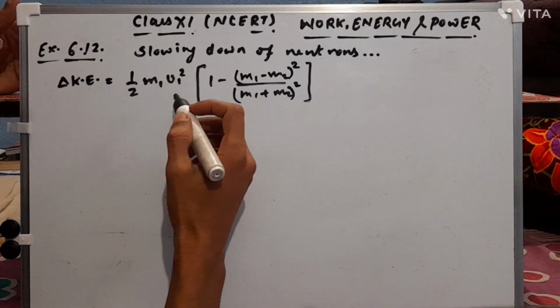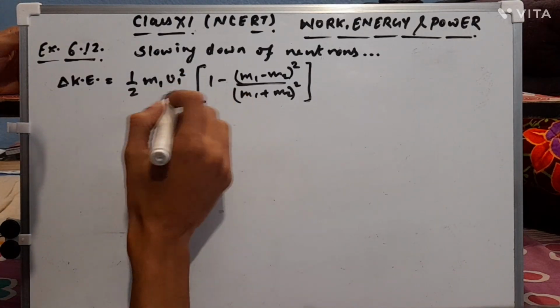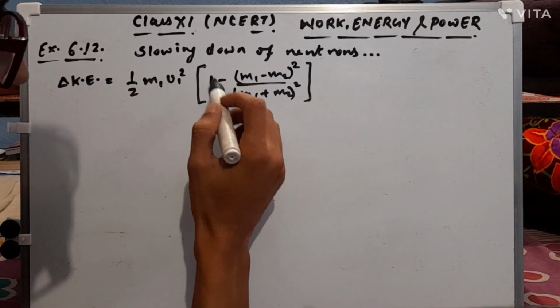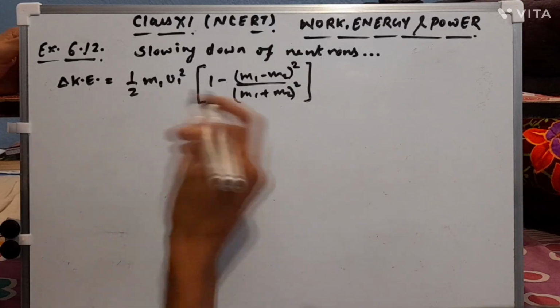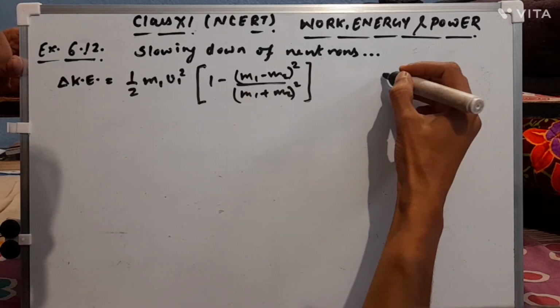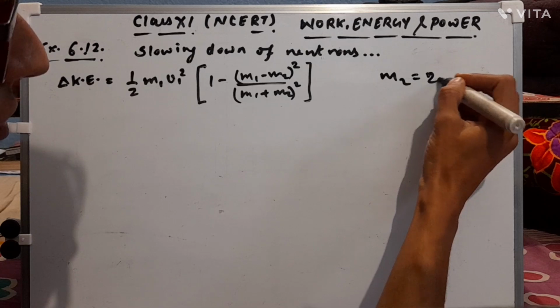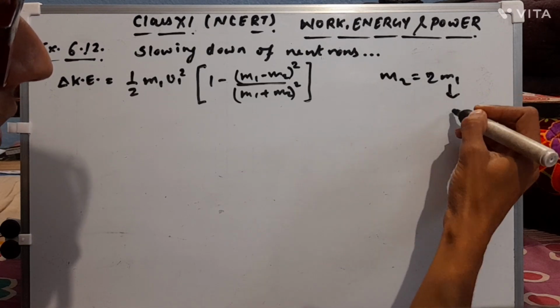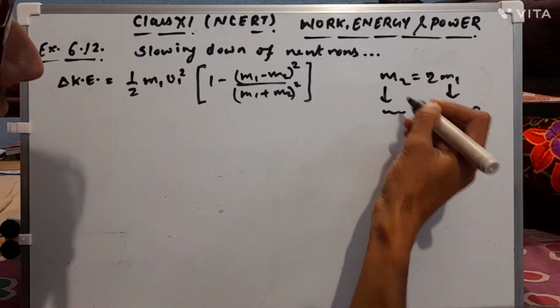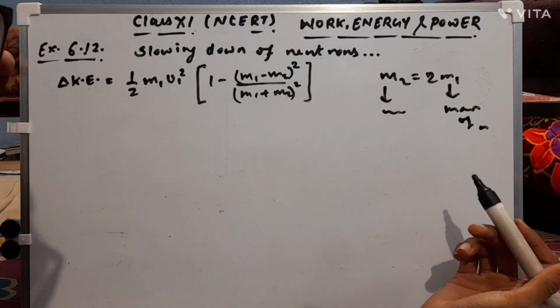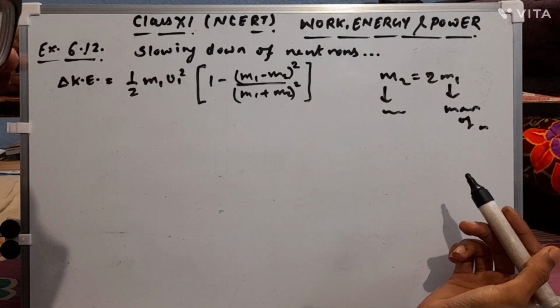So it's half m1 v1 square, and this thing will be commoned out, and it will become 1 minus m1 minus m2 square upon m1 plus m2 whole square. We know that m2 is equal to twice m1. Why? Because this is the mass of the neutron and this is the mass of deuterium, and the mass of deuterium is twice the mass of the neutron.